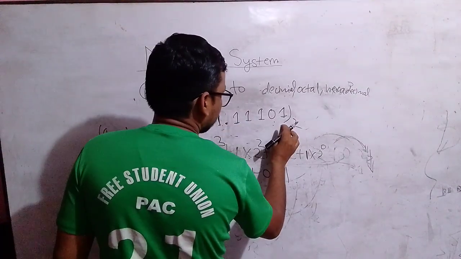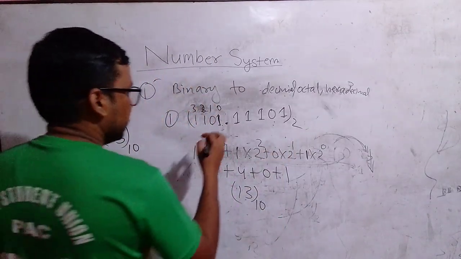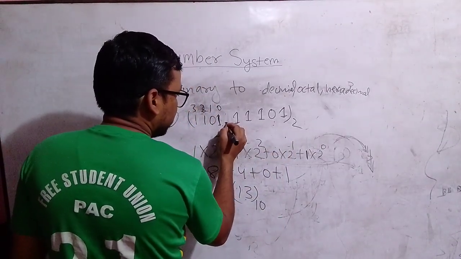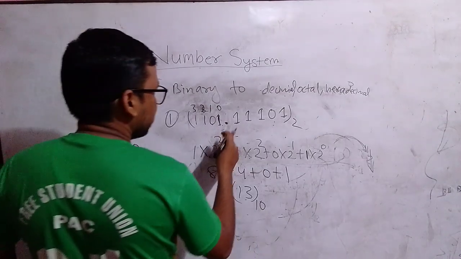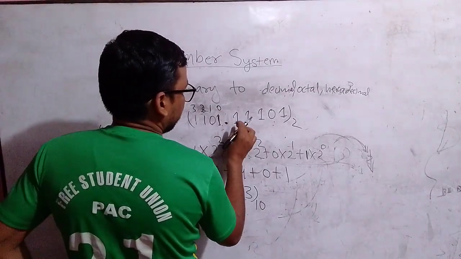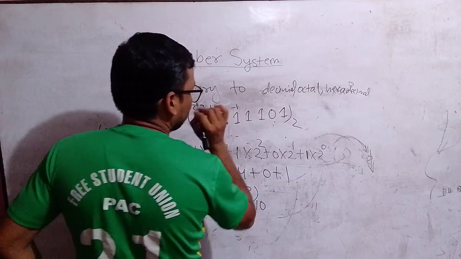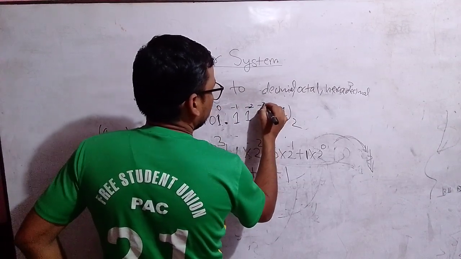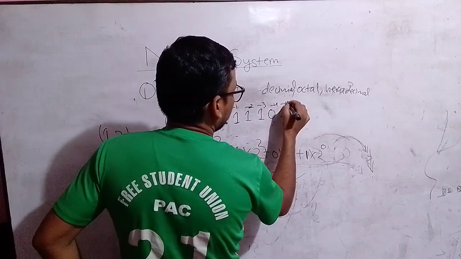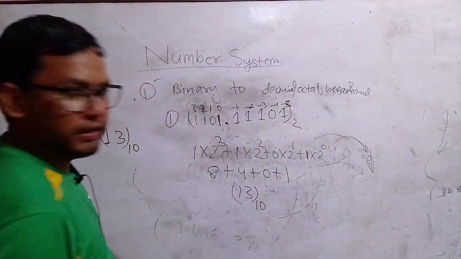Now, how to count the fractional symbols? We need to take this dot sign as a reference point and begin to count. Now the position of the first symbol is -1, -2, -3, -4, -5.